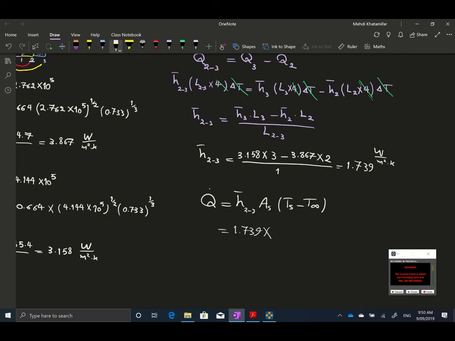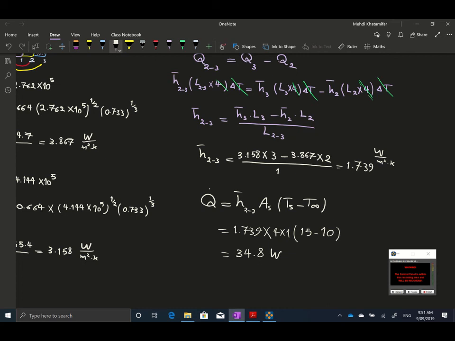Area is just 4 by 1, and surface temperature was 15, ambient temperature 10, so it is going to be 34.8 watt.